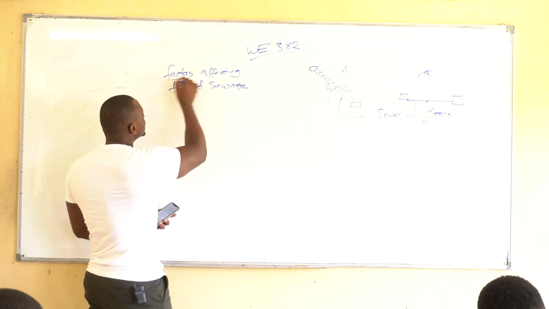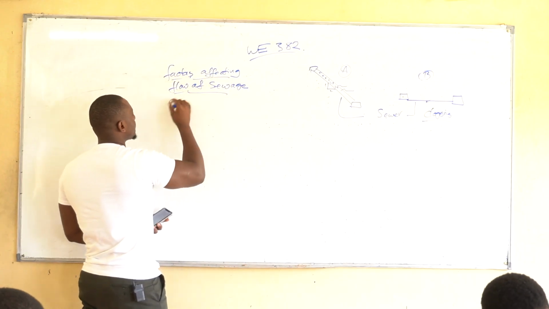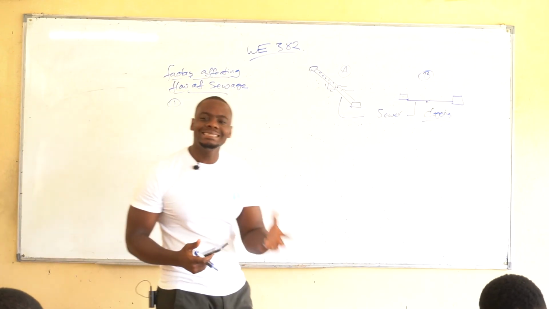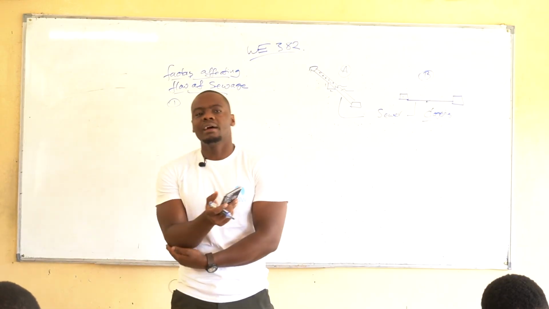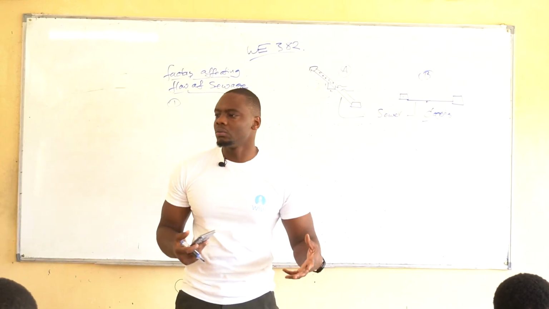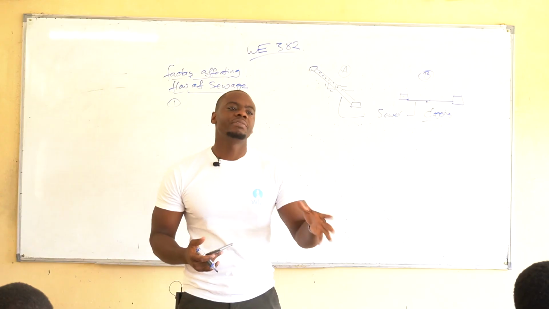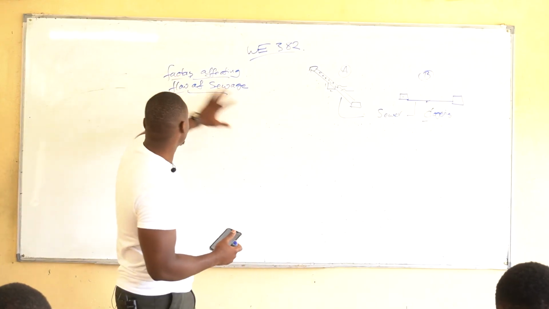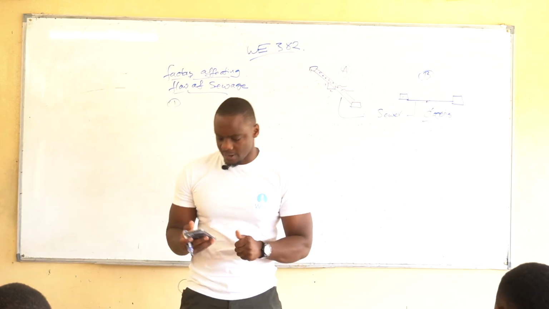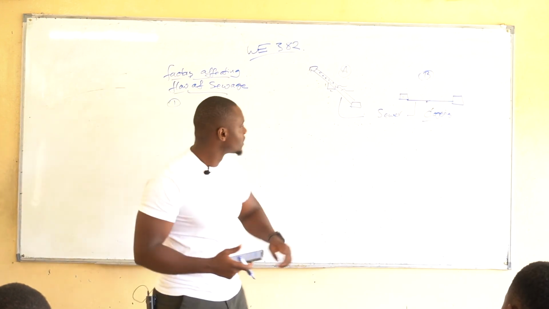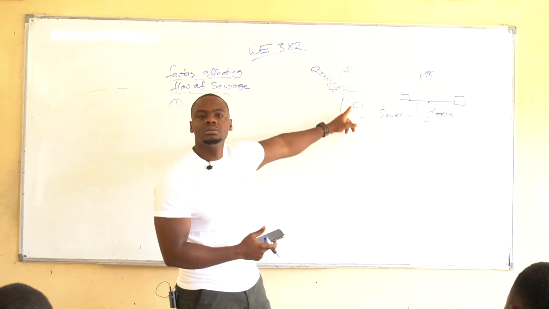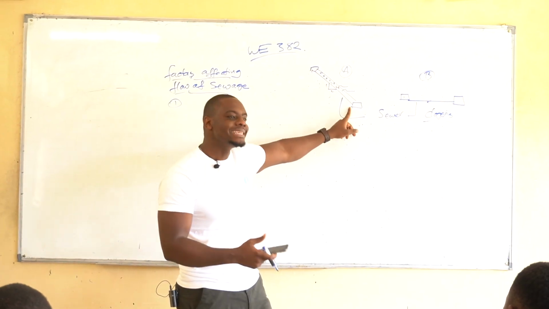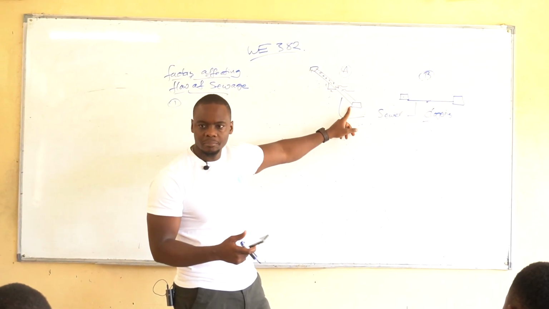Ideally, when we're stating things, if we have explained them, well and good. If we haven't, find time as a student to expand on them. So we are going to talk about the factors that will affect the flow of sewage. If we're transporting sewage, what are some of the things you should look out for if you're designing?